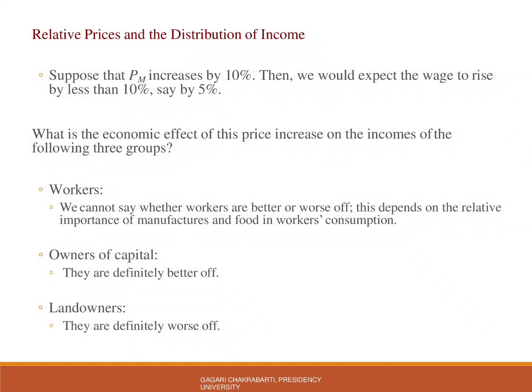The relationship that we considered just now is similar to the Stolper-Samuelson result that we obtain in the Heckscher-Ohlin model. However, the difference is that in the Heckscher-Ohlin model, we have one abundant factor and one scarce factor, and factors are perfectly mobile across the sectors.